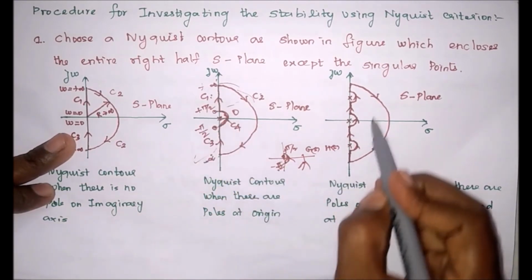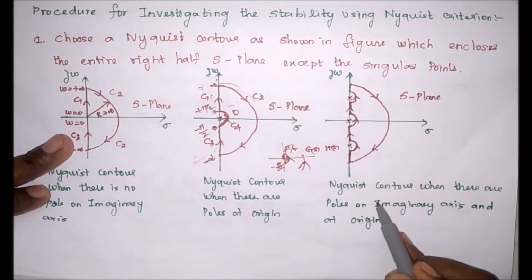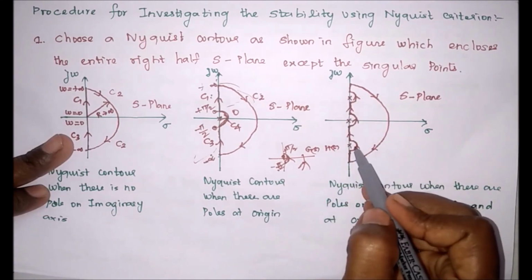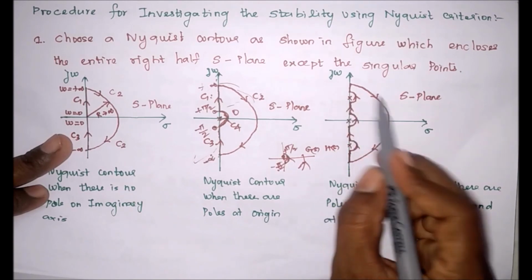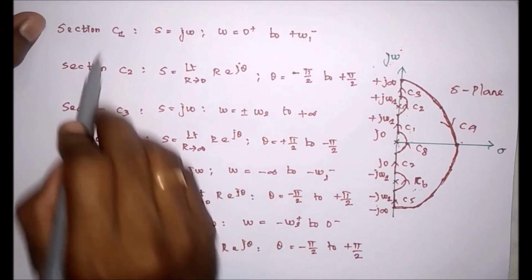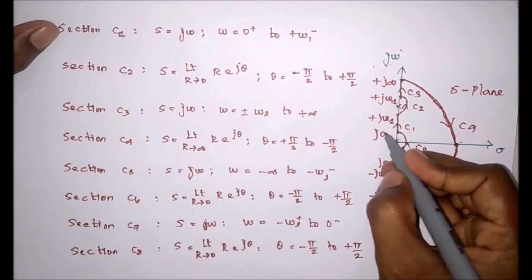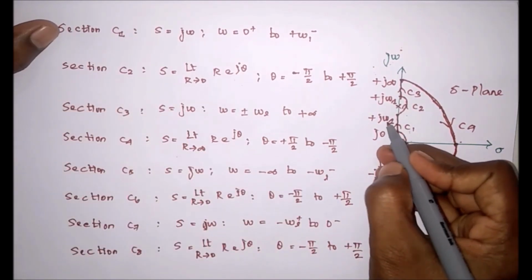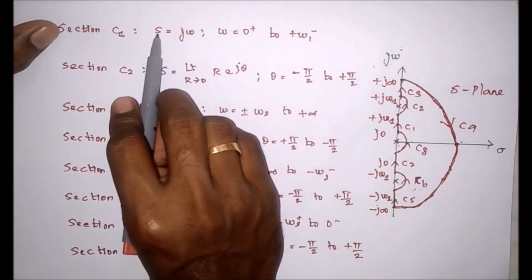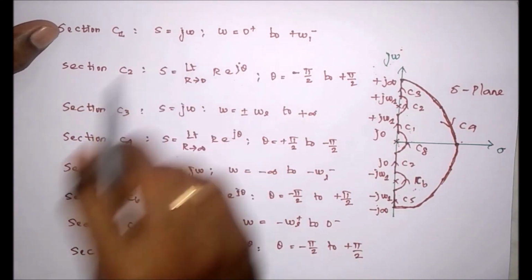Suppose the given problem has one pole on the origin, or a number of poles on the imaginary axis, then we have to do it like this. First, for section 1, from 0 to plus ω1, we can substitute s equal to jω.